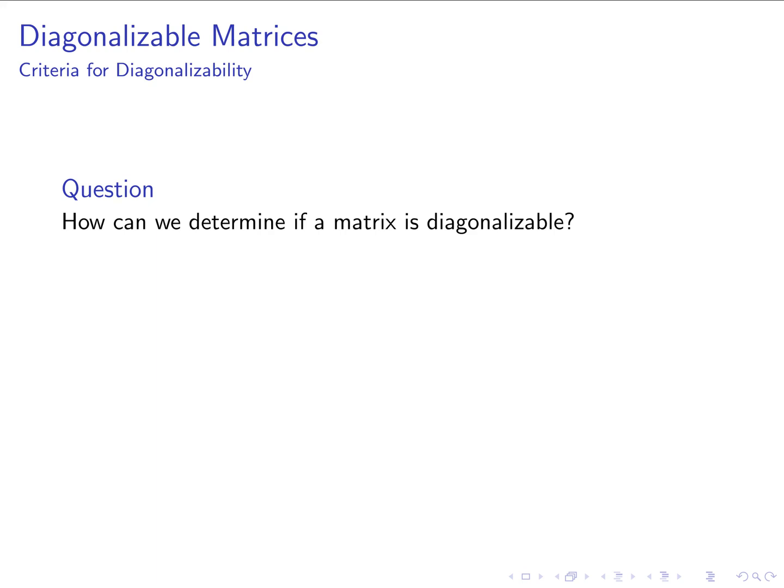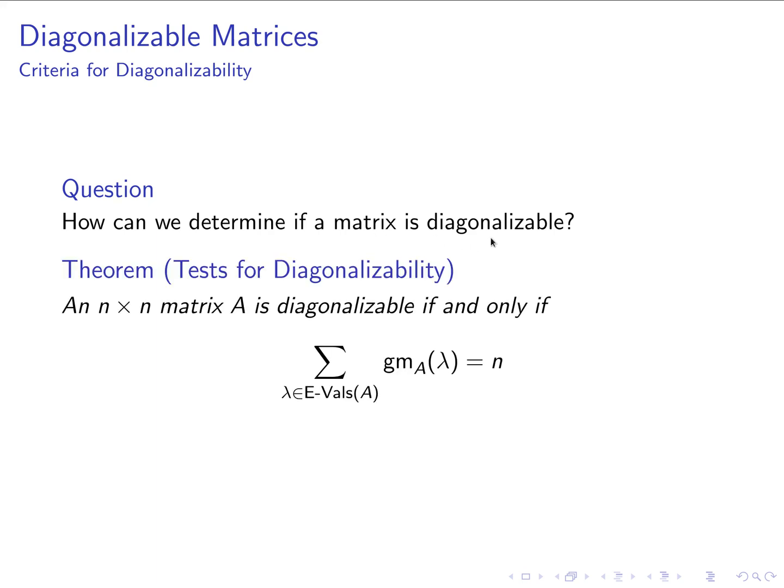So the question to follow up then is, how can we determine whether or not a given matrix is diagonalizable? And it turns out that there are tests for diagonalizability. One thing we know about the geometric multiplicities of a matrix is that if we add all of them together, we will never get a number bigger than the size of the matrix, but we might get a number smaller than the size of the matrix.